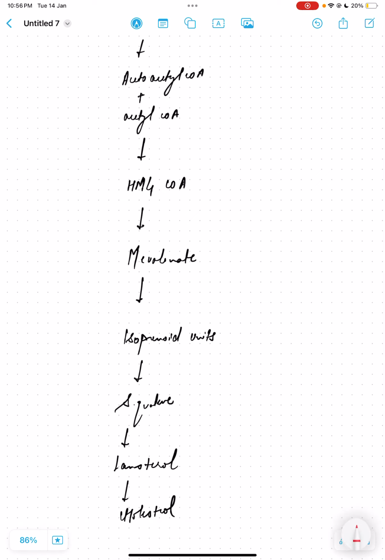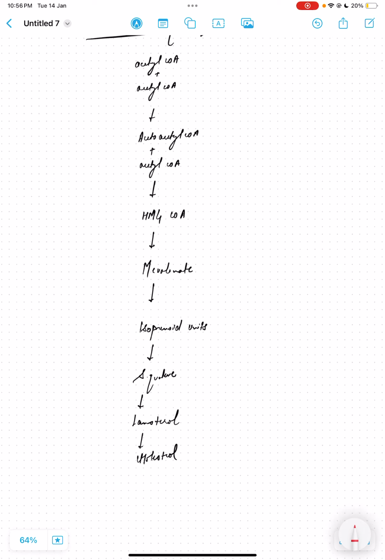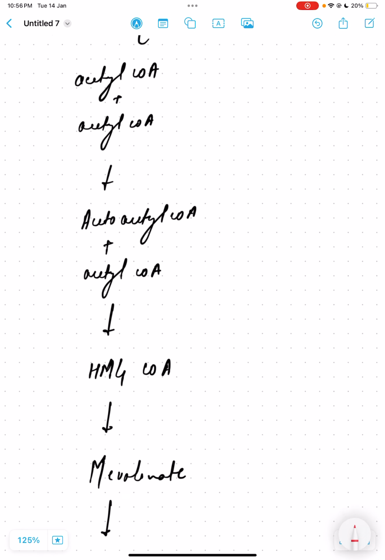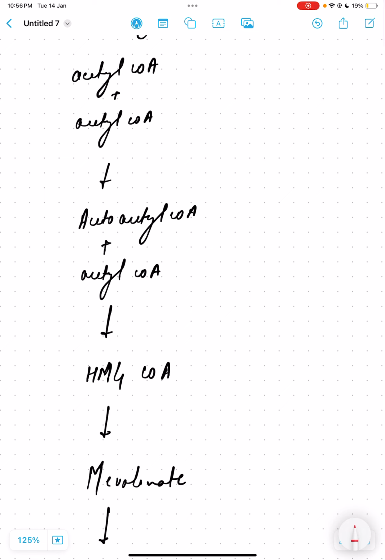If you have remembered the cycle of the formation of ketone bodies, then it will be simpler to remember the cholesterol. So basically, two molecules of acetyl coenzyme A form acetoacetyl coenzyme A with the help of enzyme beta thiolase.